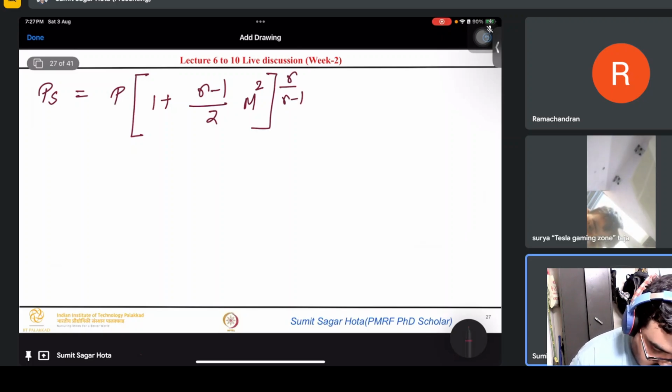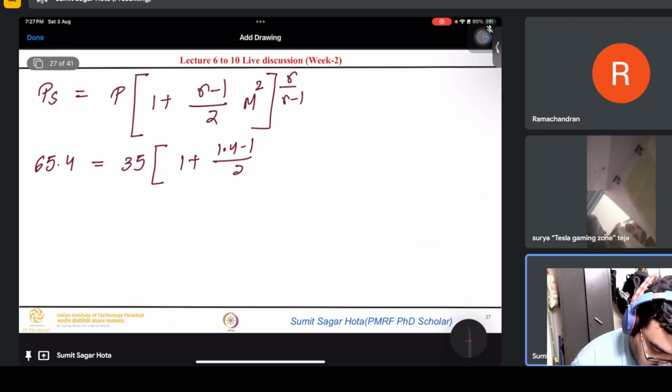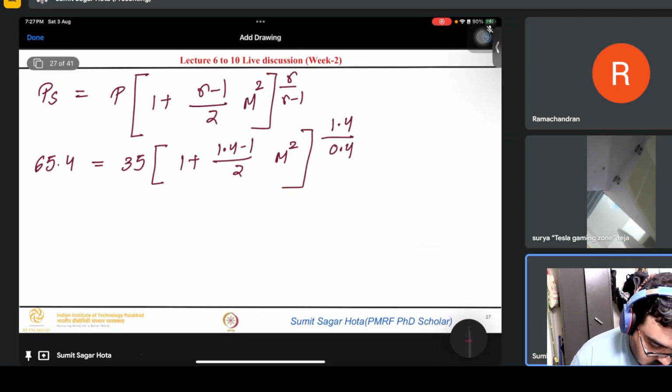Substitute the values: 35 into (1 plus (1.4 minus 1) divided by 2 M squared) to the power 1.4 by 0.4. Solve it and get M as 0.988.